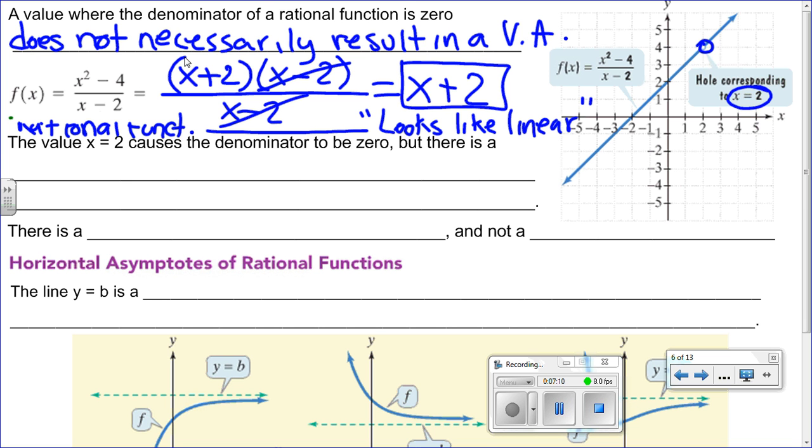Now, why is it not a vertical asymptote? What do we call it instead of a vertical asymptote? It is a removable discontinuity. Now the x equals 2 causes the denominator to be 0.